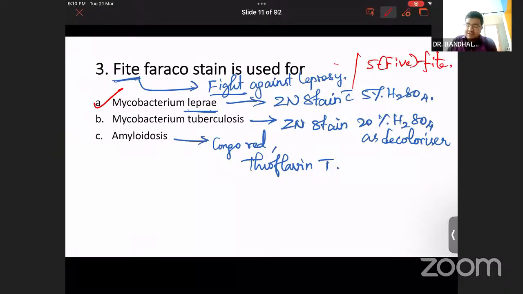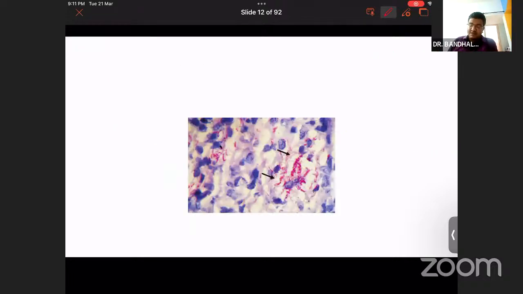This modified Ziehl-Neelsen stain is also known as the Fite stain. You can remember it like this: fight against leprosy is important in the present scenario, and 5% is being used, so it is the Fite stain. This is the Fite-Faraco stain showing M. leprae as pink rods.